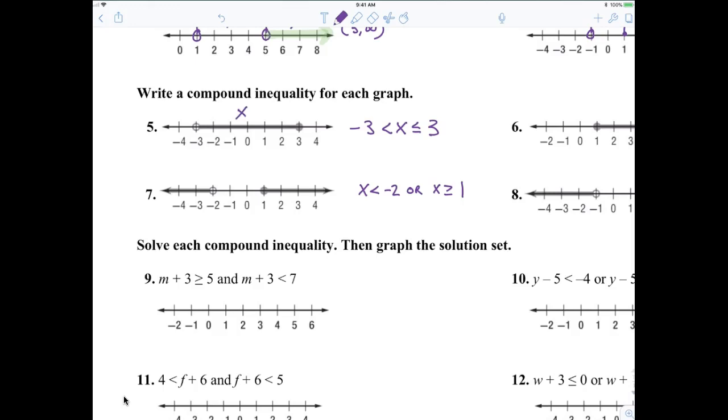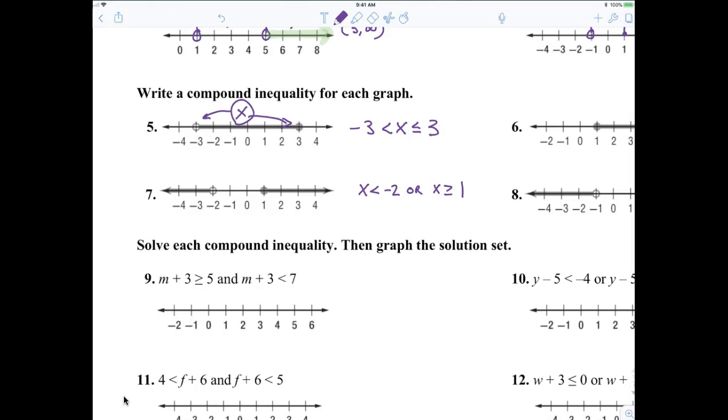Do you agree? So x in relationship to 3 is less than. But over here, x is what? Greater than -3. Does everybody agree? We don't say it like this. We don't say -3 is less than x is less than or equal to 3. We don't talk like that. We simply say x is between -3 and 3. Is everybody with me?